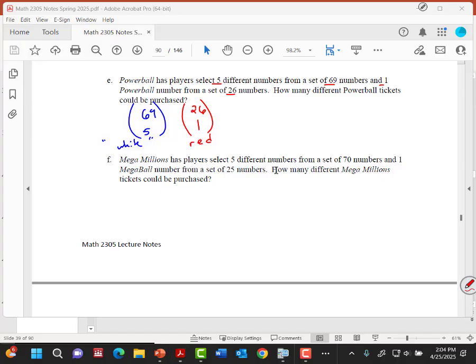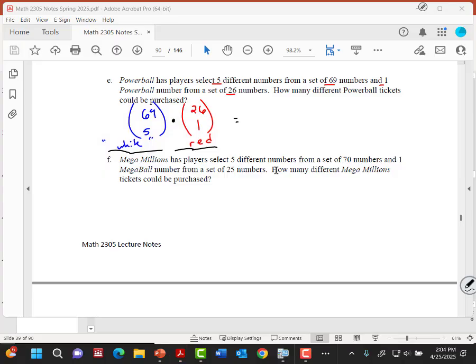Now, if we remember the fundamental counting rule, it simply said, count the number of ways that you can do the first event, in this way, the 5 white balls from the set of 69, and then multiply that by the number of ways to do the second event, in this case, selecting 1 Powerball from the set of 26. So I actually have to do 69 combination 5, and then multiply that times 26 combination 1.